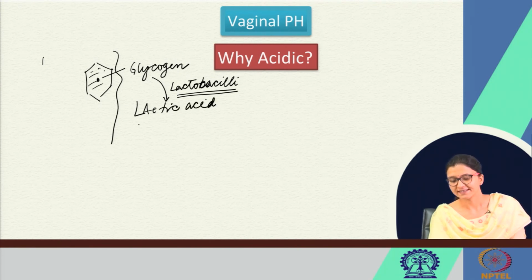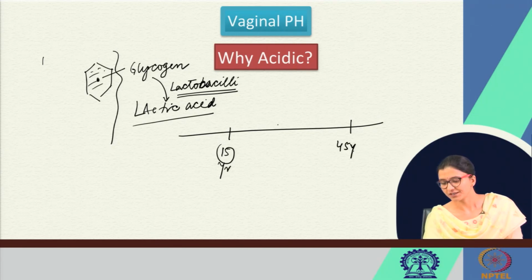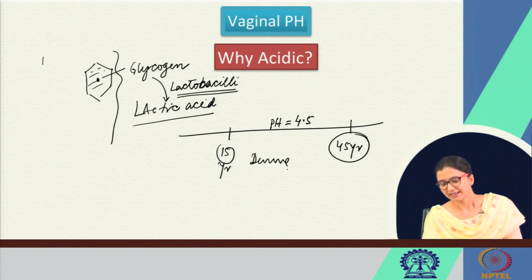This lactic acid in the lumen will create acidic pH. So, during the reproductive age, 15 years to 45 years, the pH remains around 4.5. During pregnancy, it is somewhat more acidic and becomes 4.